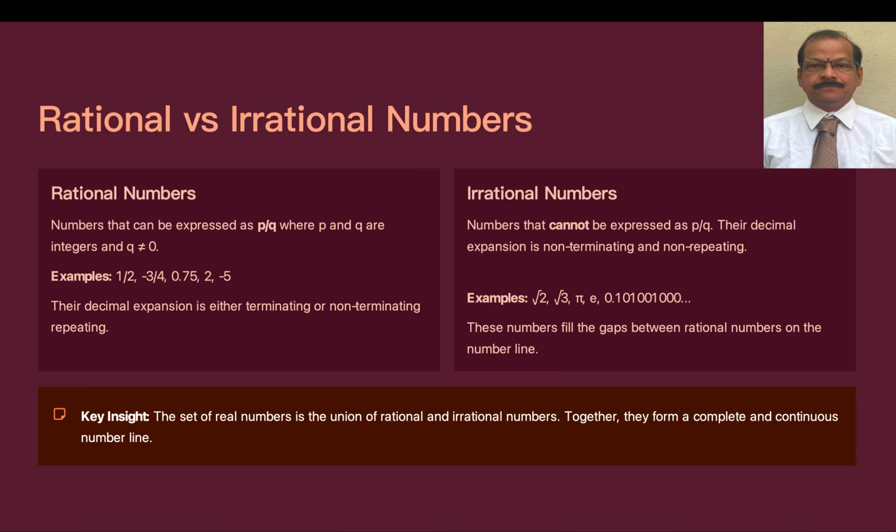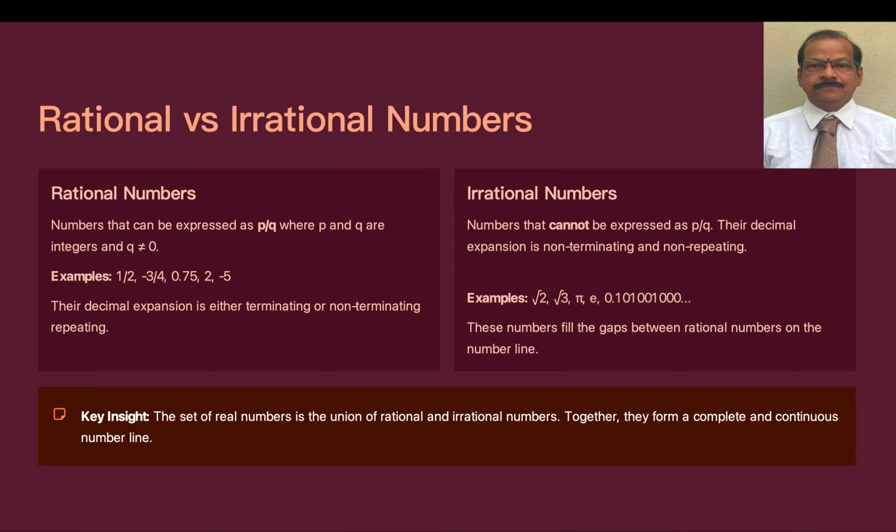What is Euclid's division lemma? The fundamental division algorithm. Assuming you have two positive integers A and B, they can always be expressed as A equal to BQ plus R, where Q is the quotient and R is the remainder.